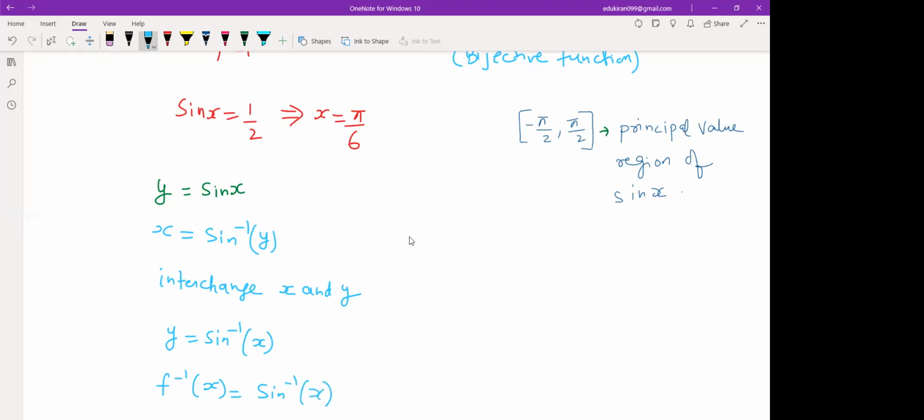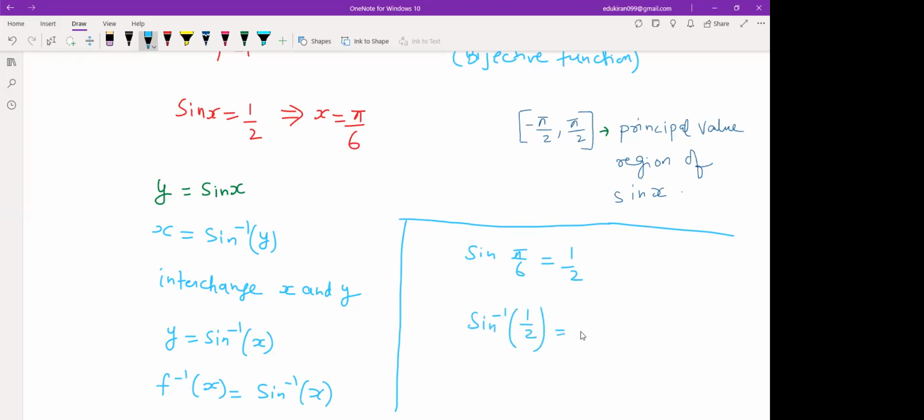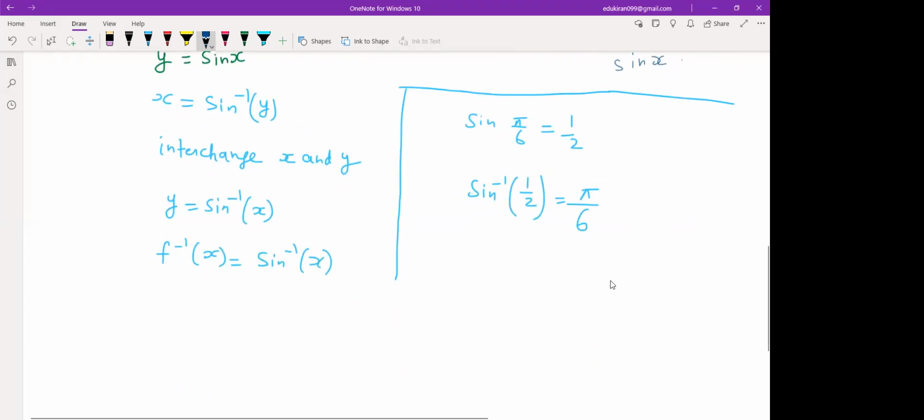This simply means that if you have sine of pi by 6 is equal to half, that is sine of 30 degrees is half, then it means that sine inverse of half is equal to pi by 6. So this is the inverse function. In the normal function sine x, the input is an angle.